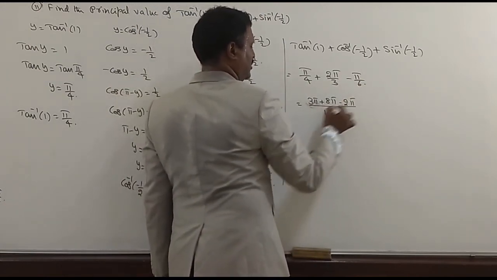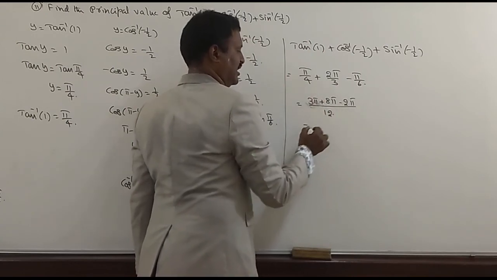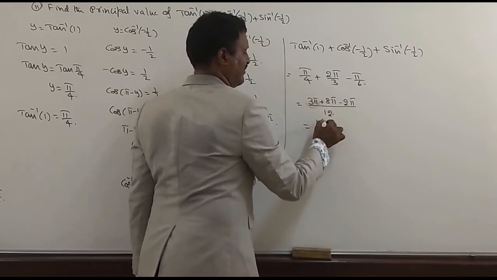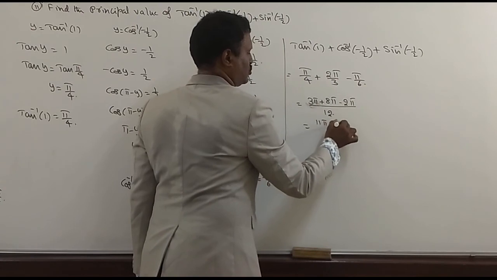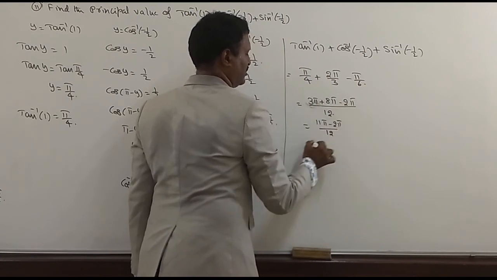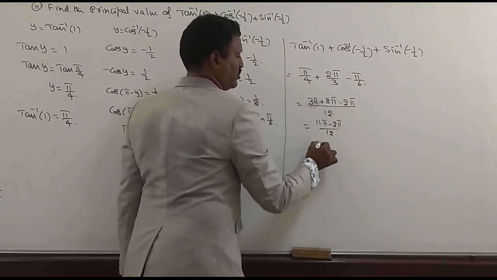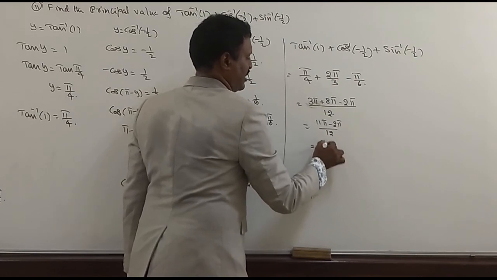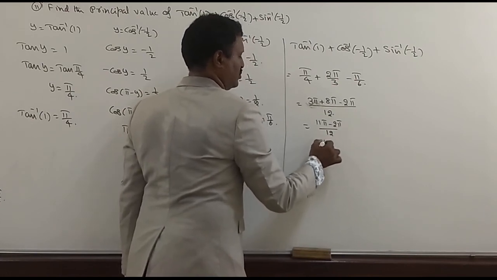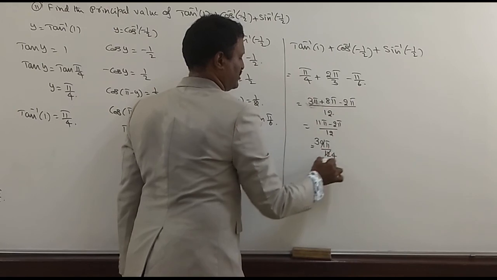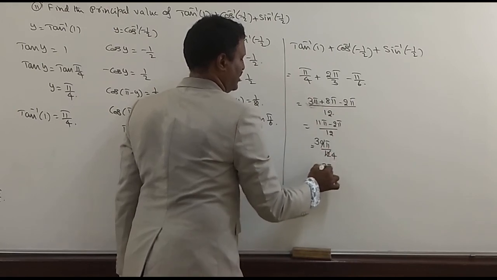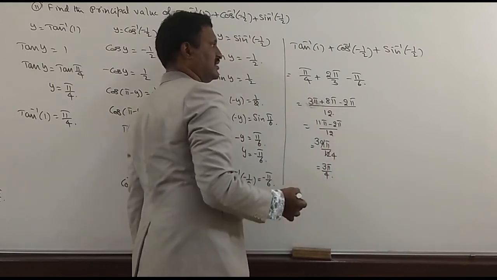Now 8 plus 3, 11 you will get. 11 pi minus 2 pi divided by 12. 11 pi minus 2 pi you will get 9 pi by 12. So 3 3s are 9, 3 4s are 12. So the answer you will get is 3 pi by 4. Yes, write down.